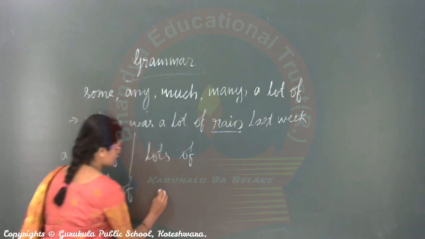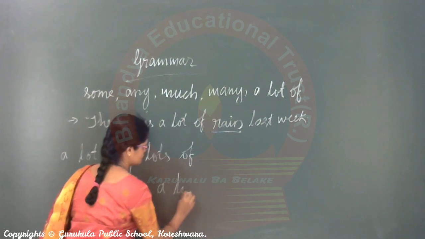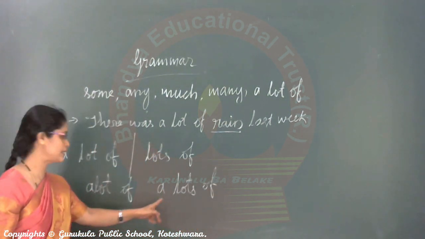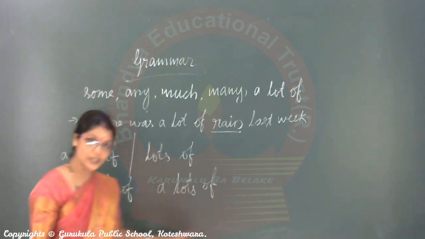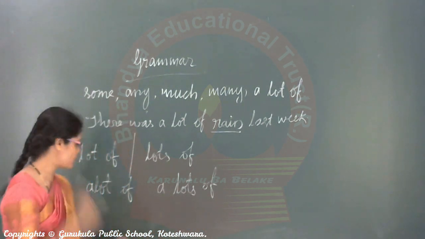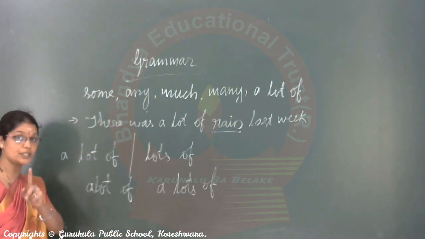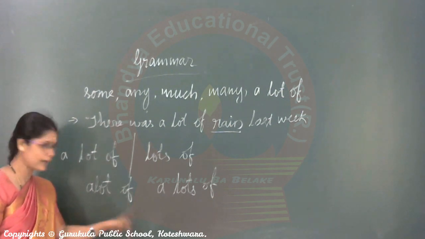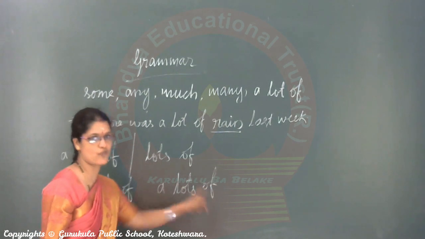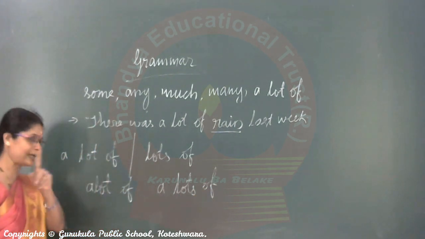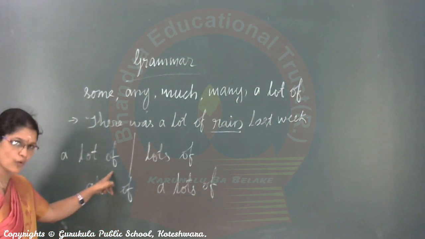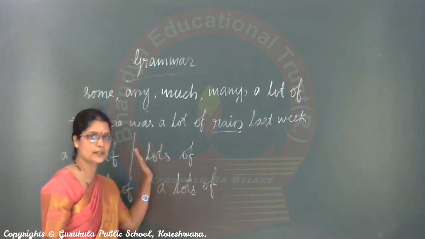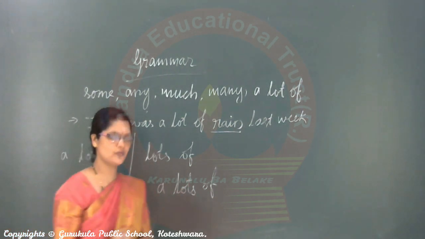And like this also we should not write: a lots of. That one is also wrong. Remember, we never write a lot of as one word or a lots of. Understood? We should write a lot of, with a gap. Lots of is correct. Understood? Yes, very good.